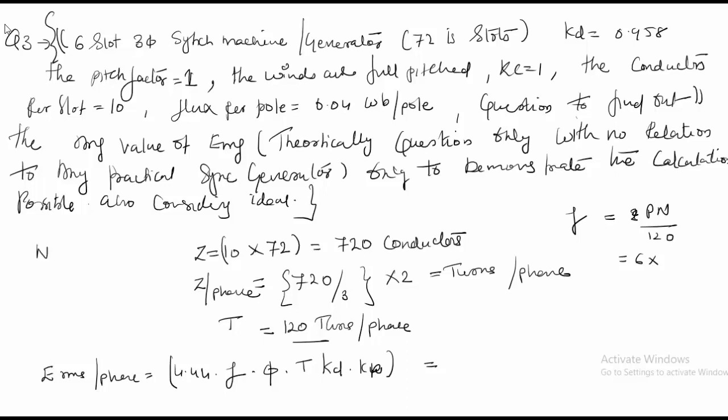Just a correction: my number of poles is equal to 6 for this, if you have noticed a mistake here, and the speed which I am considering for this machine is 1000 RPM.